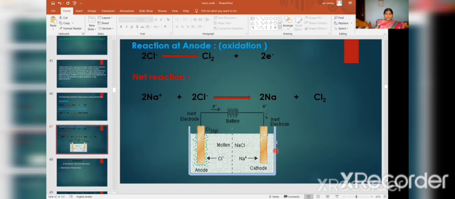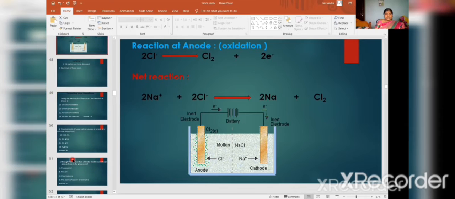So when you do electrolysis of fused NaCl, chlorine gas is liberated at the anode and sodium metal is deposited at the cathode.